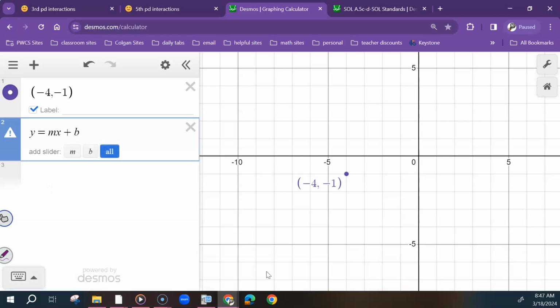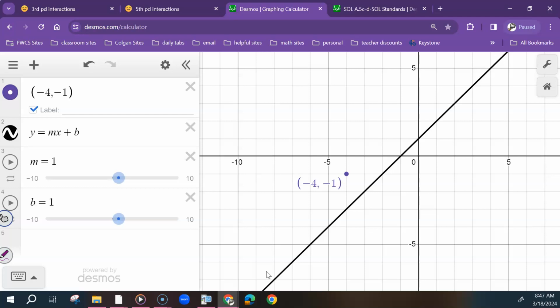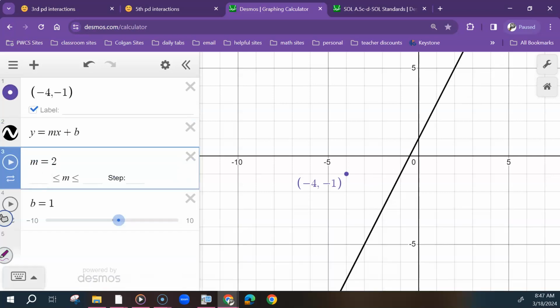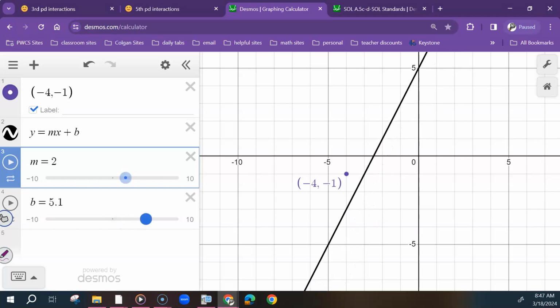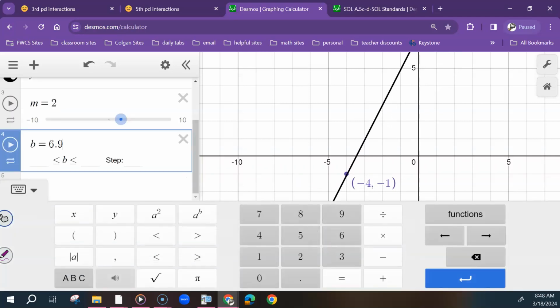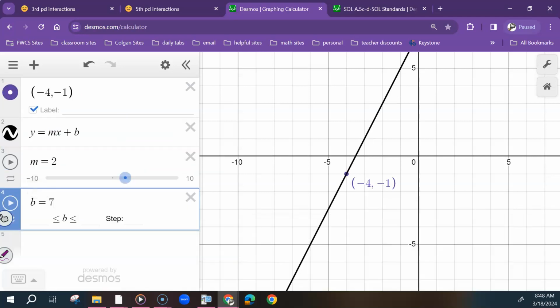Add in all sliders. Change your m so that it's parallel to the original, which would be 2. And then move this b until it goes through this point. And then you could use that to write your equation, y equals 2x plus 7. If you did it that way, use Desmos.